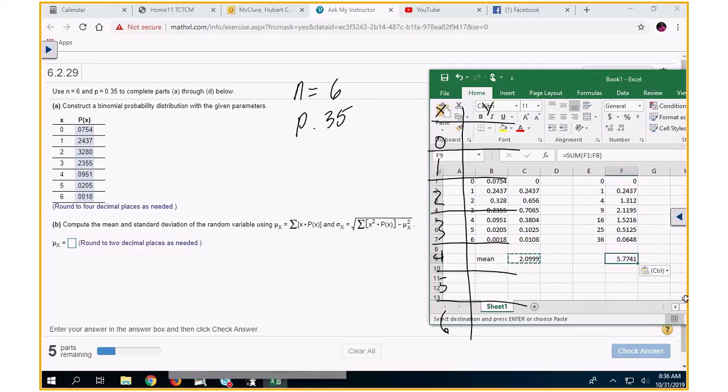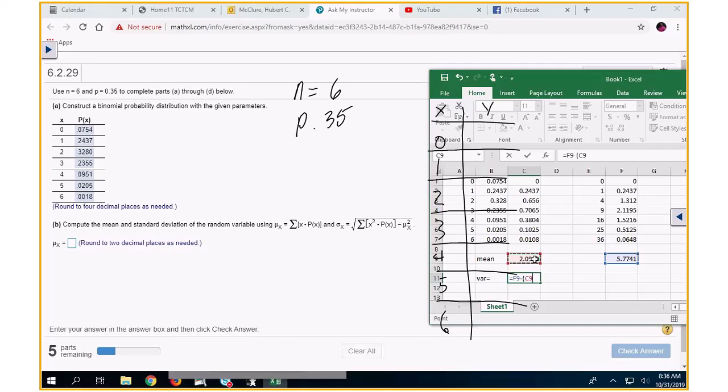And then what do we do with that summation? We subtract the what? The square. We subtract the mean squared. So variance is going to be equal to this number minus parentheses this number squared.